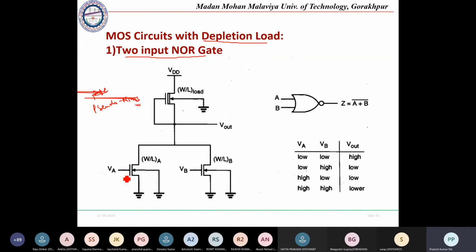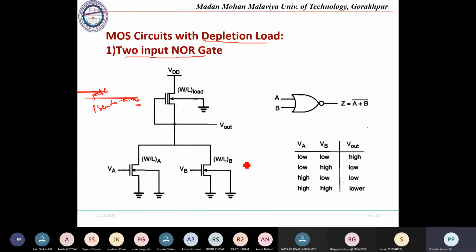If these two are low, the output will be connected to VDD, because this is a depletion load transistor, so it will be always turned on. So the output will be connected to VDD.